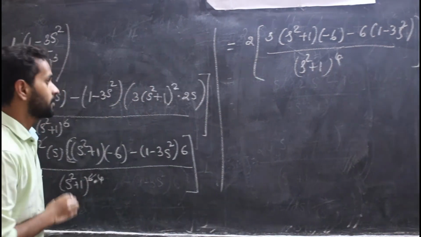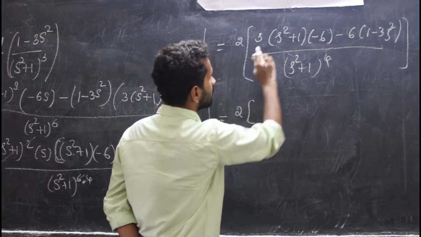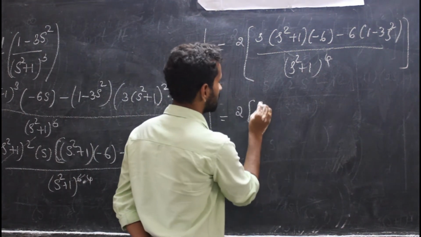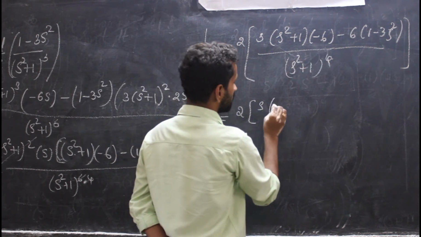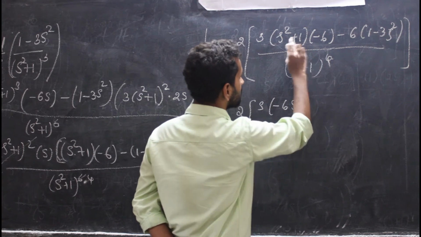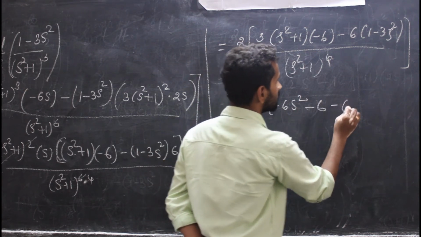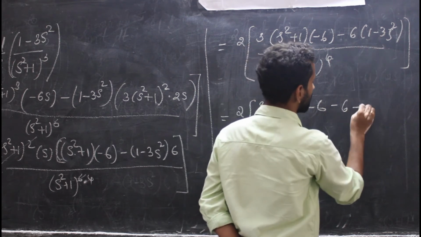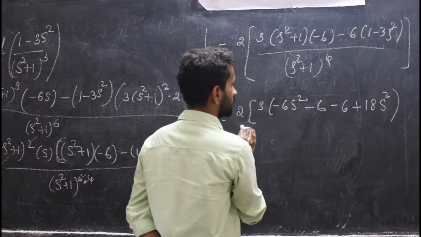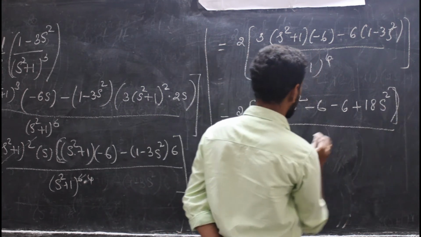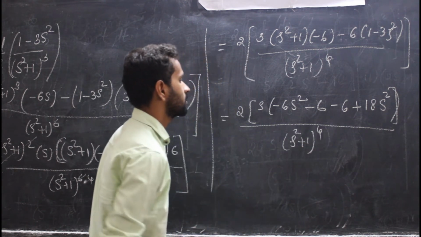What I got it now. Now again I simplify here. 2 into, let me simplify completely. As it is, minus 6x square minus 6, and minus into minus plus 18x square, I will be getting divided by (x square plus 1) whole to the power of 4. I got it.